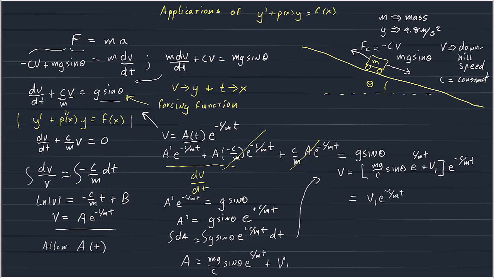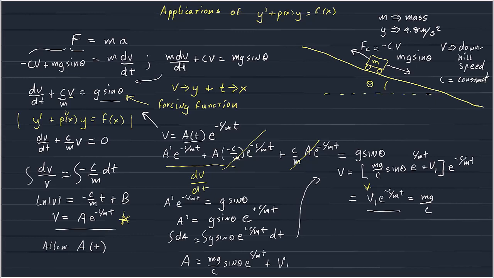That was our homogeneous solution, as we derived originally. And then the part that accounts for the non-zero right-hand side becomes mg over c.